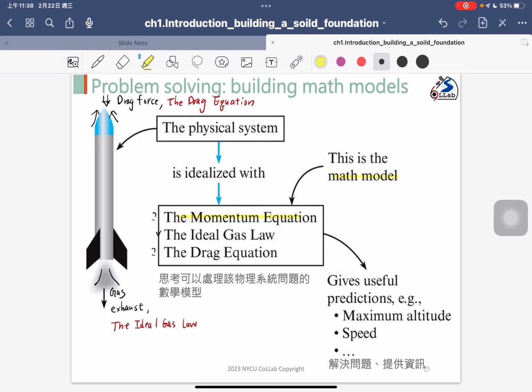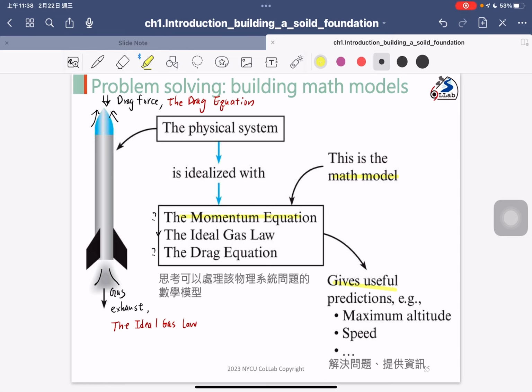And what is our final purpose? Our final purpose is to provide useful predictions. So what useful predictions do we need? We need to predict the speed of the rocket, and we need to predict the maximum altitude of the rocket. Because if the predicted maximum altitude is quite low, the rocket cannot go outside the airspace, right?